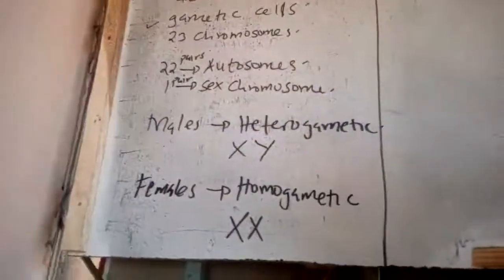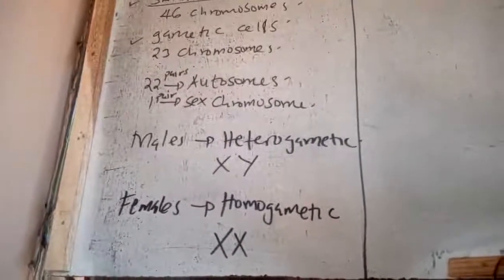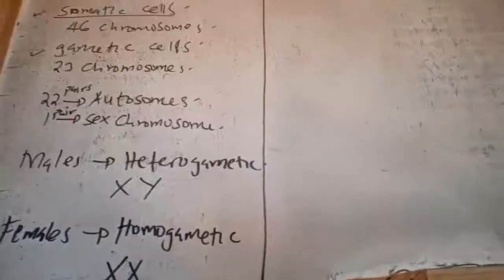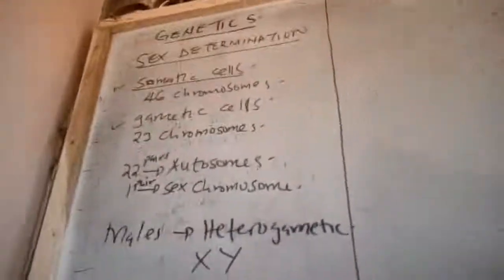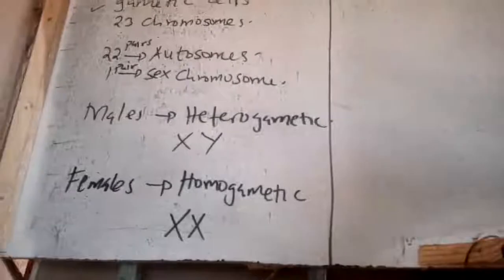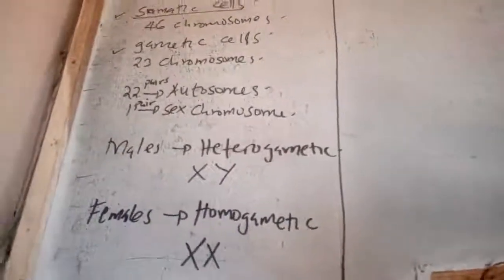And as far as the sex of a child is concerned, it is a matter of chance and depends only on whether the spermatozoa that fertilizes the ovum carries an X or Y chromosome.